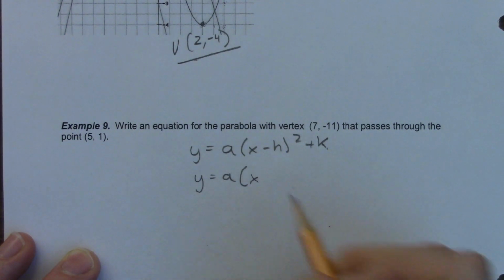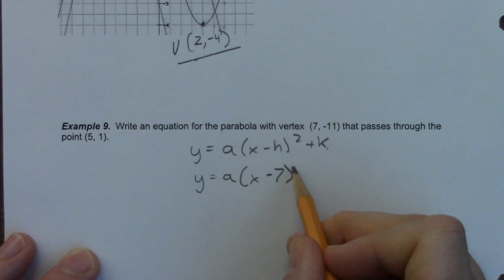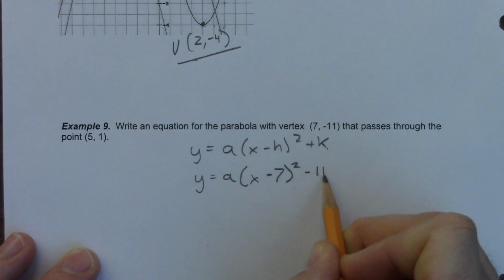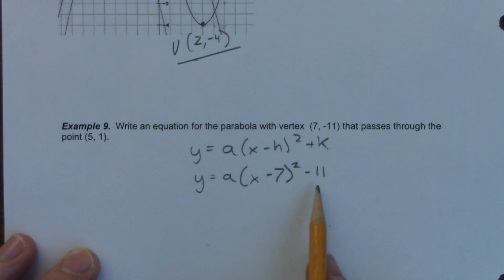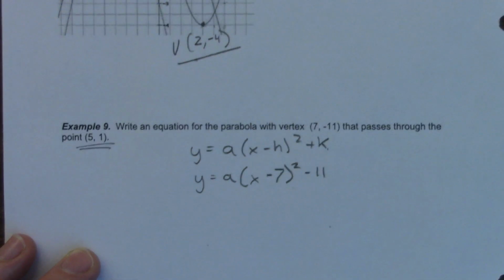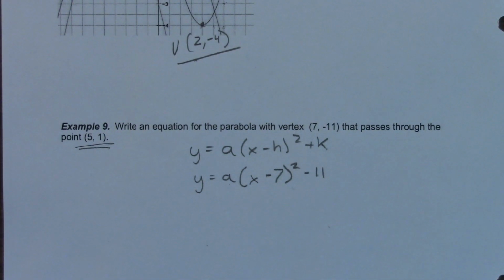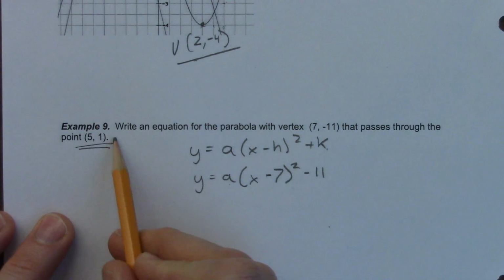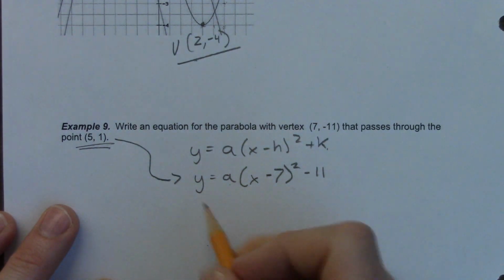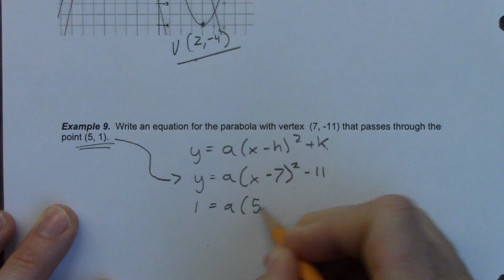X minus 7. Yep. Minus 11. Squared minus 11. Good. So that's kind of all we know. And then it says it passes through this point 5, 1. So what you actually have to do is we need to find out A. How can we find out A? Liam. Yeah, we plug in this value. So 1 is actually y, and x is 5.